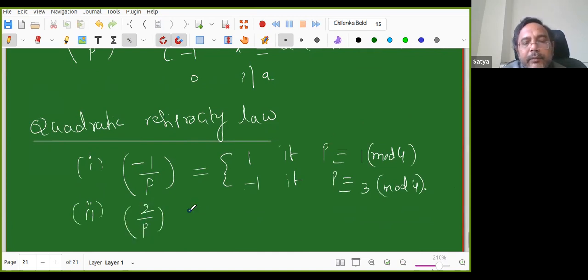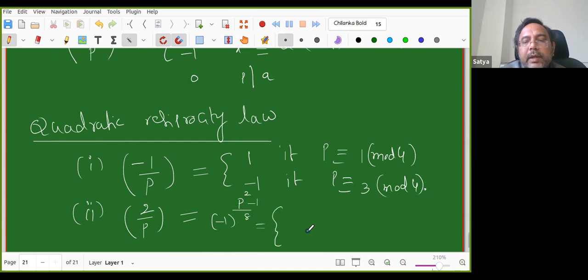If P is any odd prime, then the Legendre symbol of 2 modulo P is equal to minus 1 whole power P square minus 1 by 8.